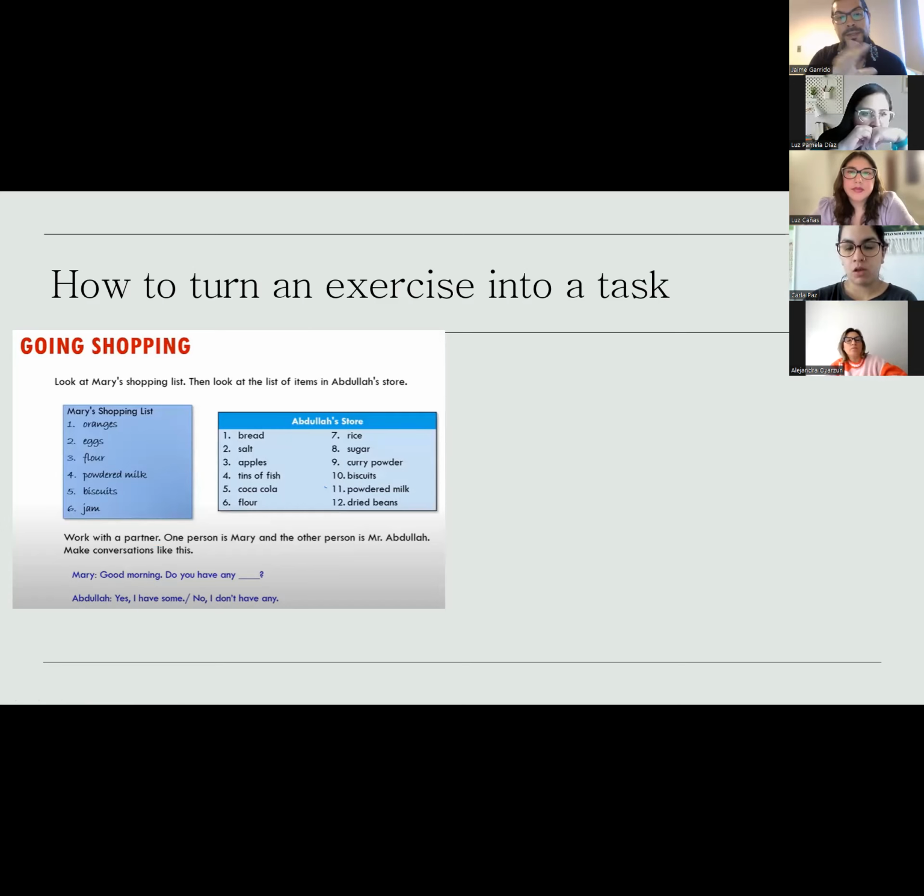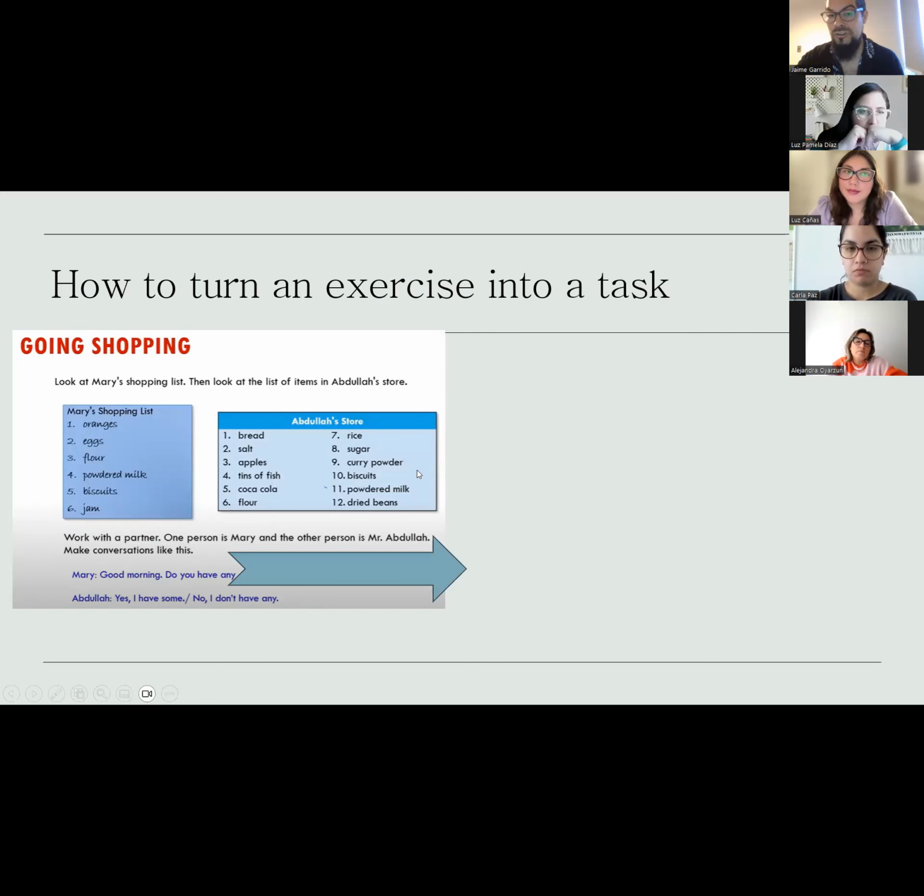There is a shopping list from Mary, and we have the store, Abdullah's store. In this exercise, they work with a partner. One person is Mary, the other one is Mr. Abdullah, and they make conversations like this: Morning, do you have any oranges? The person says yes or no, depending on the list. So that's an exercise, drilling.